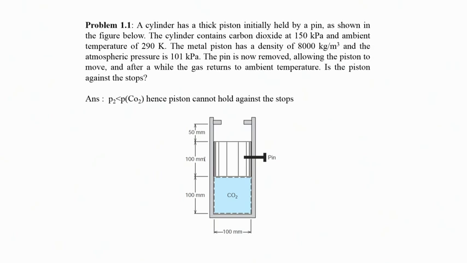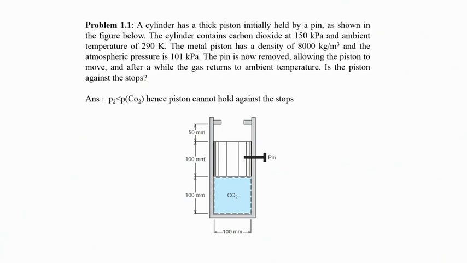So, you can see that there is a piston, there is a pressure imbalance across the two sides of the piston. This is the first important information from the problem. Because there is a pressure imbalance, the piston has a tendency to either move up or down, depending on which side pressure is more.